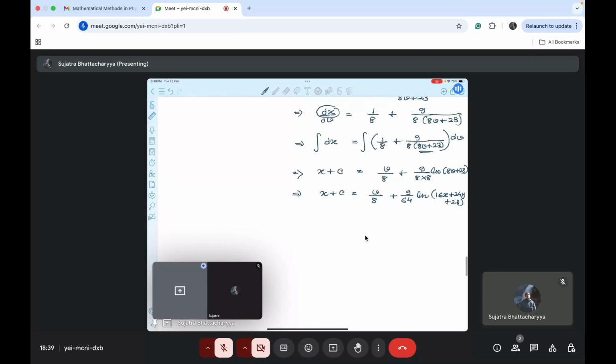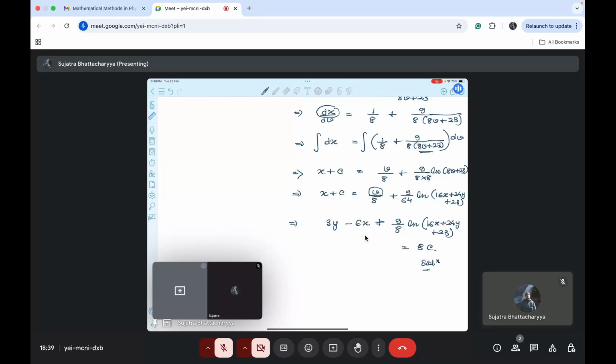So finally, this is also a final expression, but you can further solve it because V is there. You can change that. Finally, we'll get 3y minus 6x plus 9 by 8 log of (16x plus 24y plus 23) is equal to 8 times c. So this is the final solution of the question which we have done.